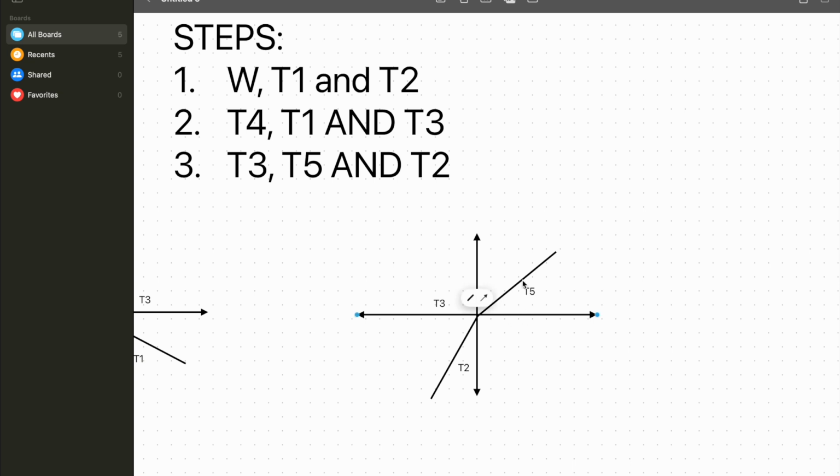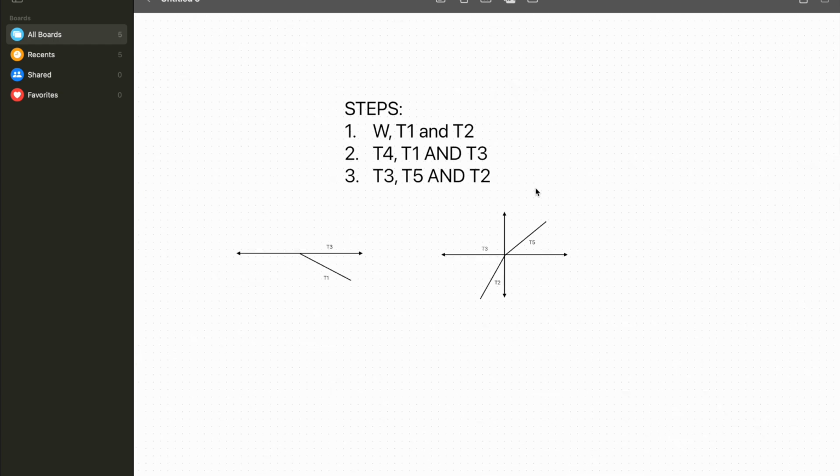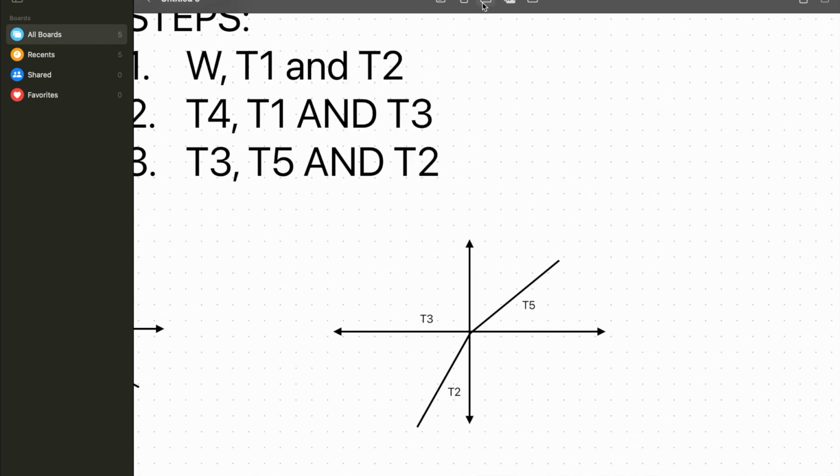If we take the component of T5 at the horizontal, it will be T5 cosine 20, and it will be equal to T3 plus the horizontal component of T2, which is T2 cosine 60.